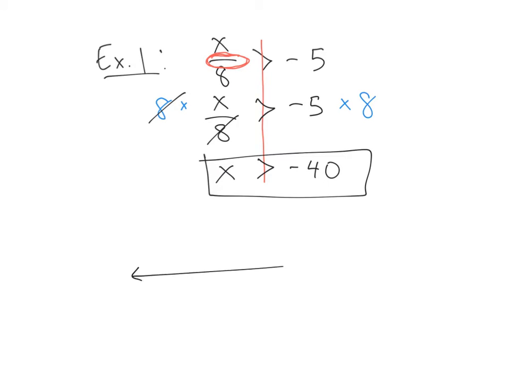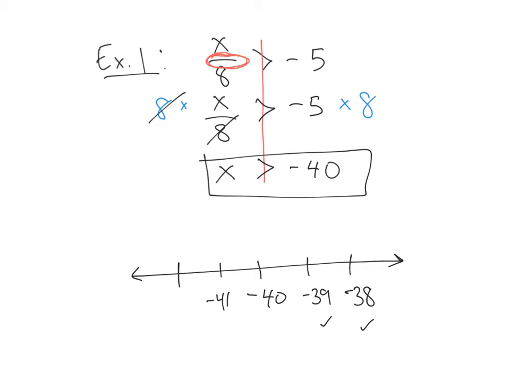When I go to draw this on my graph, I'm going to center it at my key number, just like I did in section 2.2 and 2.1. So it's centered at negative 40. I'm going to draw a couple numbers in each direction. Two numbers just bigger than negative 40 are negative 39 and negative 38. Those would work for x because I want numbers that are bigger than negative 40.